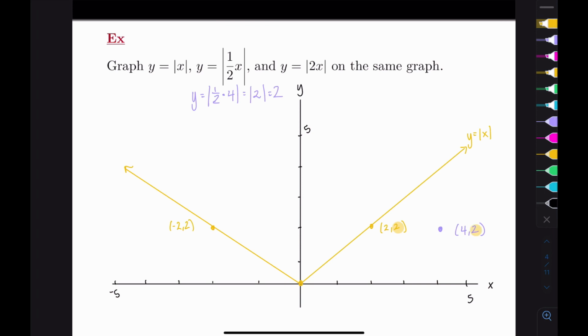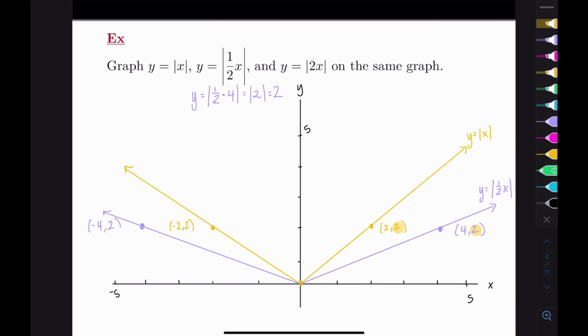Okay. So you can see, you would think that 1/2 would shrink it, but it's actually taken the x and it's stretched it out to here. And then same thing, if you plug in -4, you would see the y value is +2. So it has the exact opposite effect when it's attached to x.